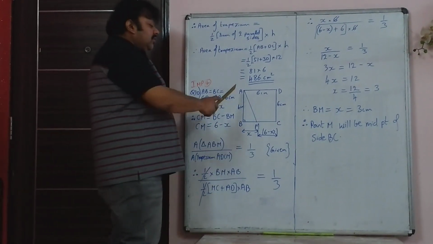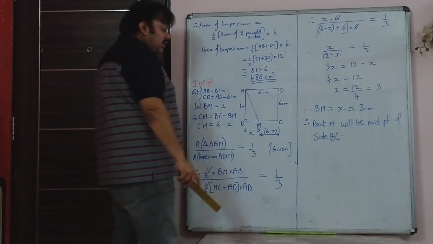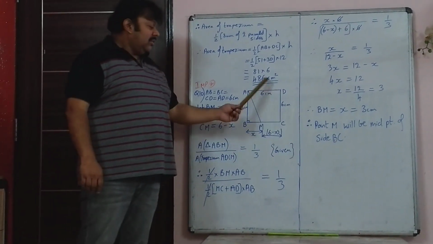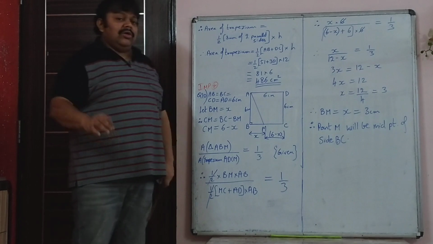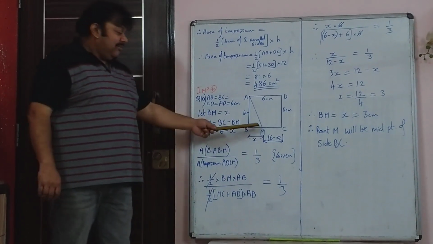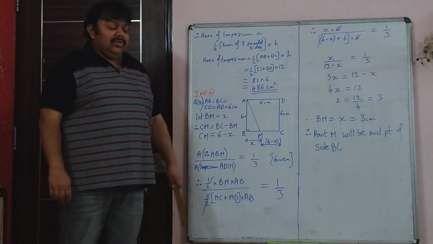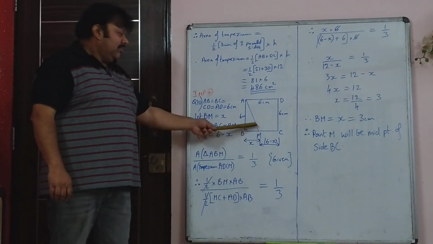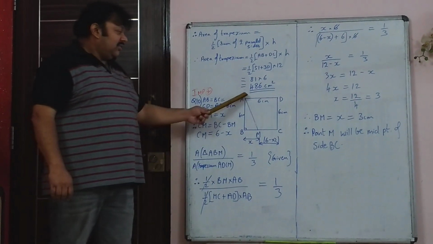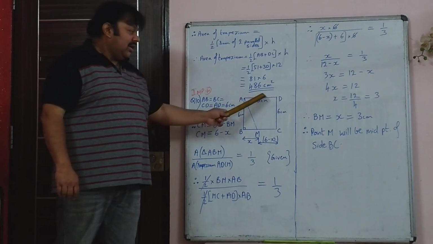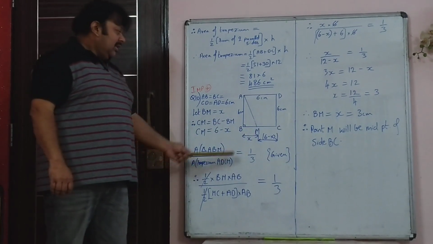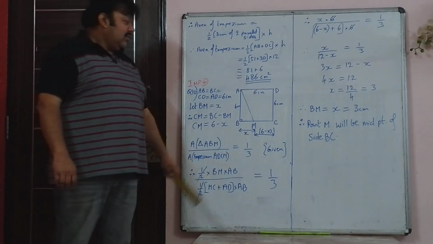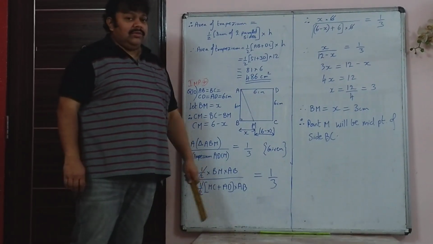So in this case you are given a square ABCD. Each side of the square is the same, so it is 6 centimeter each. And you are given there is a point M on BC such that area of the triangle ABM upon area of the trapezium ADCM is equal to 1 upon 3.